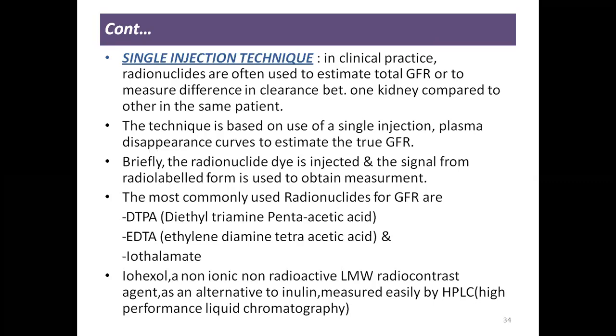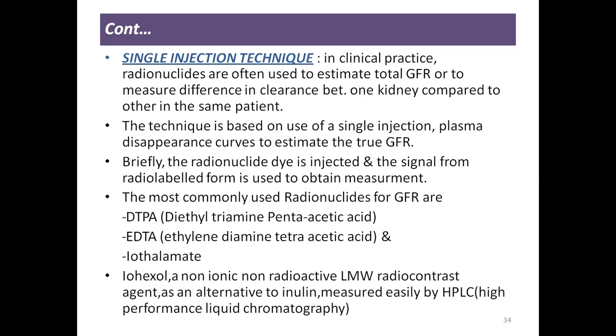So what we do is induce some radionucleotides into the circulation, and we look into the disappearance curve, that is, in how much time and with what speed this particular substance is disappearing from the circulating blood. So the radionuclide dye is injected and the signal from the radio-labeled form is used to obtain the measurement.